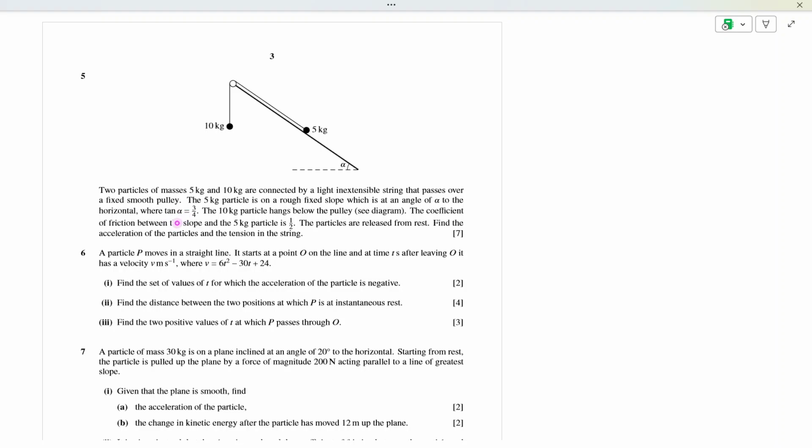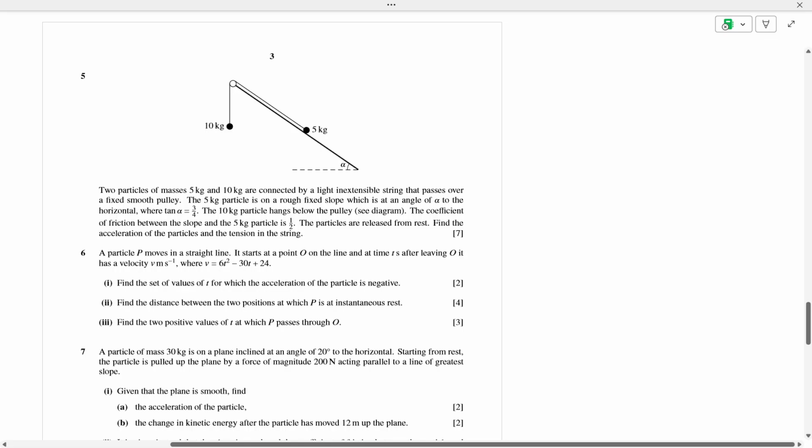So we have sine alpha, we have cos alpha, right? The 10 kg particle hangs below the pulley, which is this one. See diagram. The coefficient of friction between the slope and the 5 kg particle is half. So we know that mu is equal to 0.5, right? Then the particles are released from rest. Find the acceleration of the particles and the tension in the string.